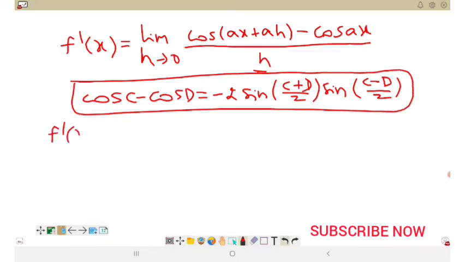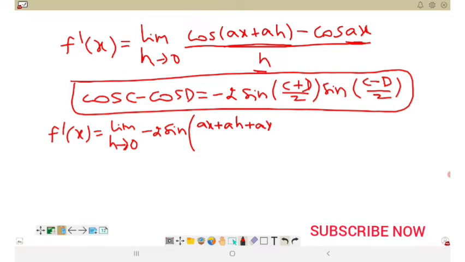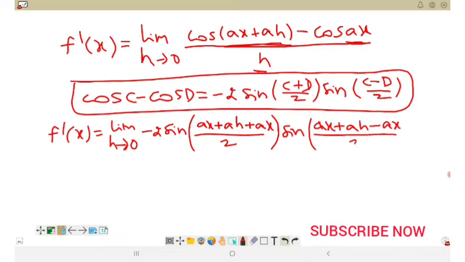F dash of x equals limit h tends to 0, minus 2 into sin of C plus D by 2, where C is equal to ax plus ah and D is equal to ax, into sin of C minus D by 2, which is ah by 2.